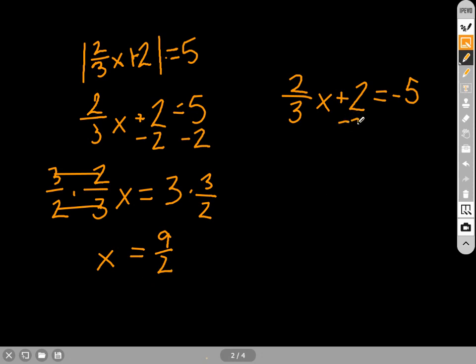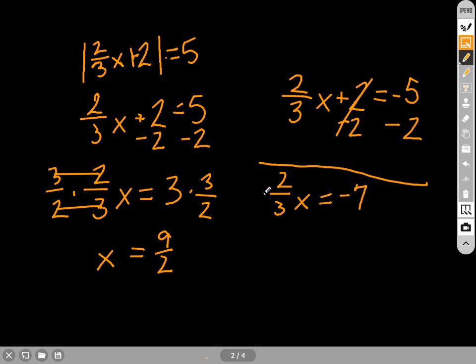Come over here, subtract 2 from both sides of the equation, not inequality. 2/3 x is equal to -7, times 3/2. So I end up with -21/2, which is -10.5.